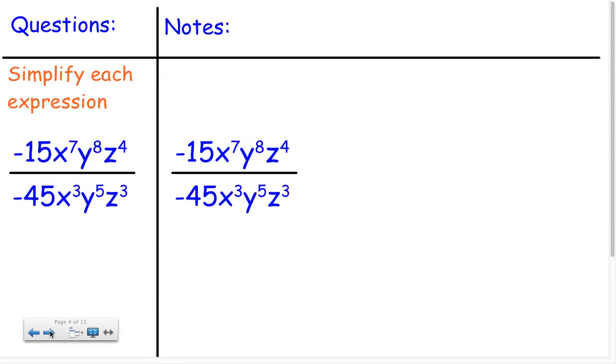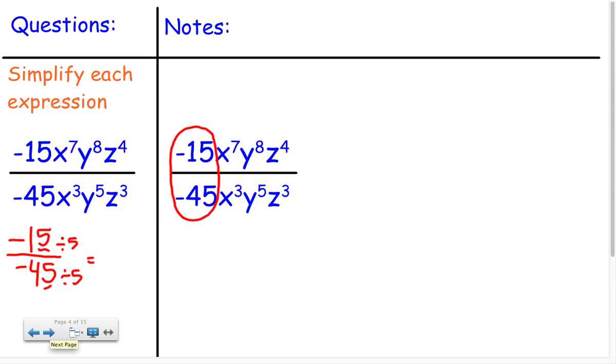All right, now I've got a number out in front of my variables. So before I even write it out, I'm going to simplify this fraction. So I'll do that off to the side over here. Negative 15 over negative 45. So I have to ask myself, what number can go into both of those? Well, if they both end in 5, I know 5 can go into both of them. So I'm going to divide the top and bottom by 5. Negative 15 divided by 5 is negative 3.